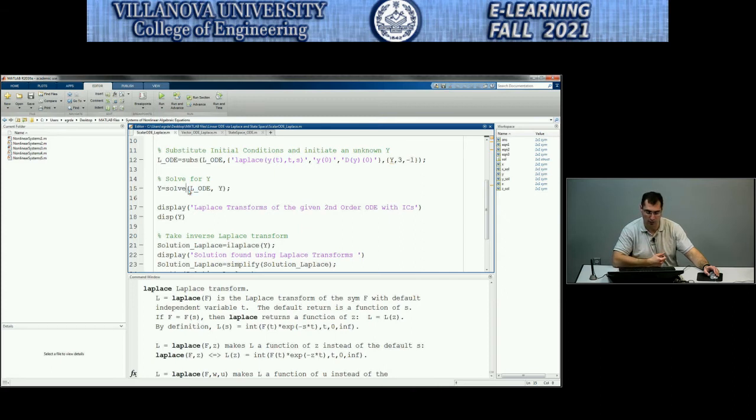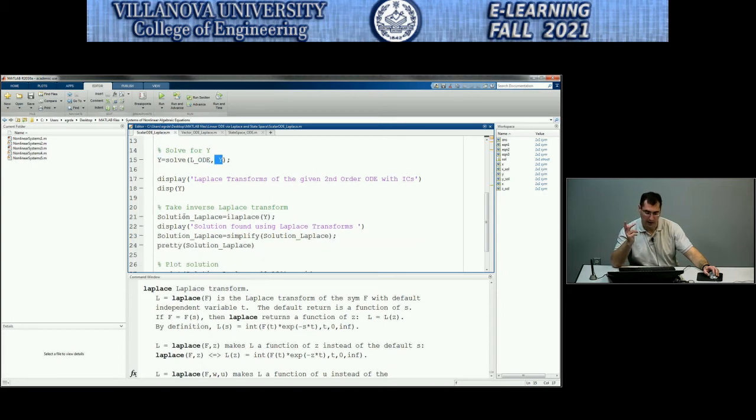It's going to solve this equation LODE equal to 0, in which we replaced the Laplace transform of y of t with simply a variable y. I'm specifying this here so that we're solving with respect to y. That's going to be my solution, y of s.